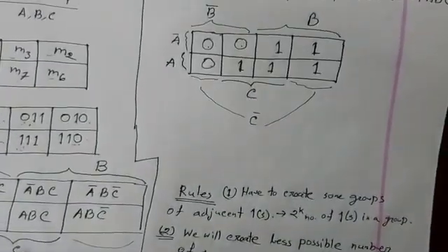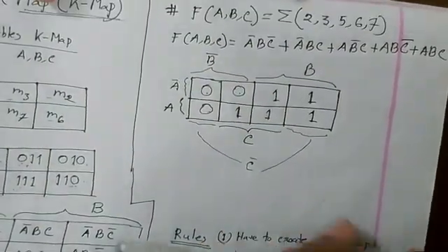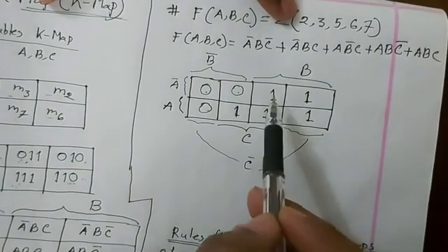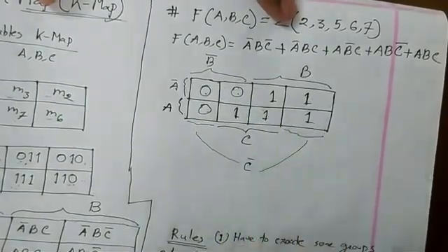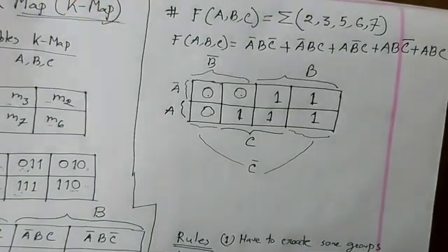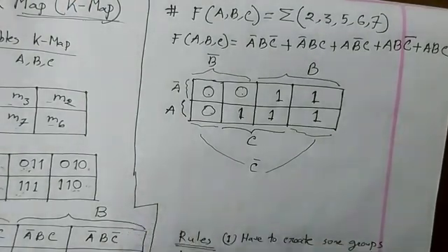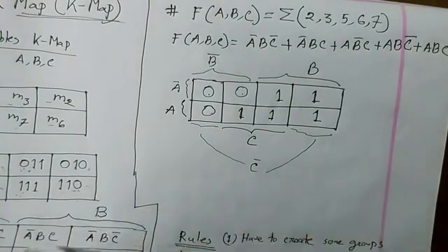Now let's come back to our example, to our problem. Here we can see these are the ones, right? Now according to rule number 1, we have to create some groups of adjacent ones, and we can create a group with 1 one or 2 ones or 4 ones or 8 ones, right?